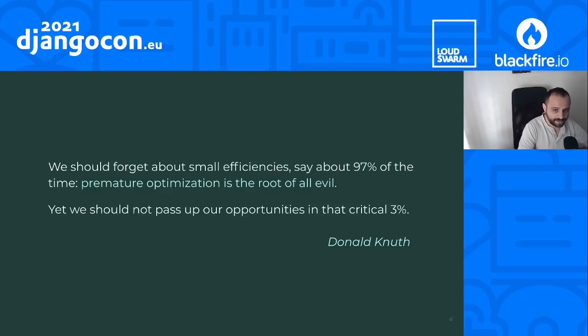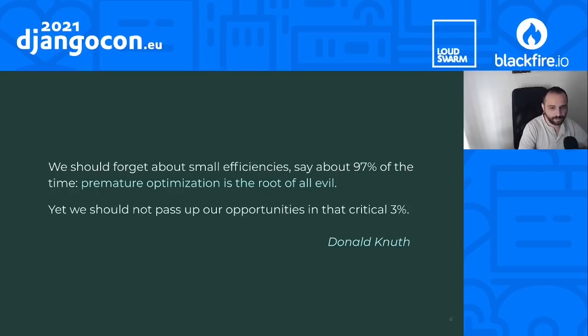So to chase this top 3%, I think it's key to understand what kind of tools are available to us and how we can use them. And in order to better use these tools, I believe we first need to understand how they work, at least at a very high level, and then we need to have a clear understanding of what kind of information they can provide to us.